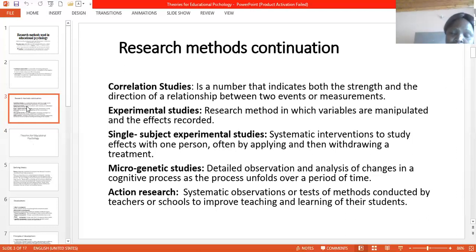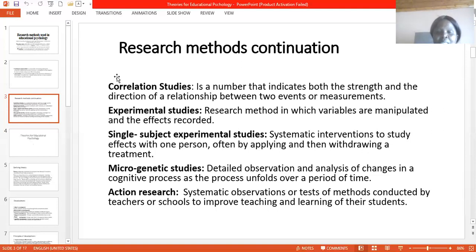In this one, it is clear as it is an experiment. An experiment is done. That is a research method in which the variables are manipulated and the effects are recorded.